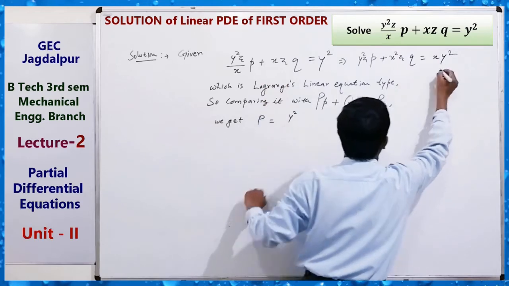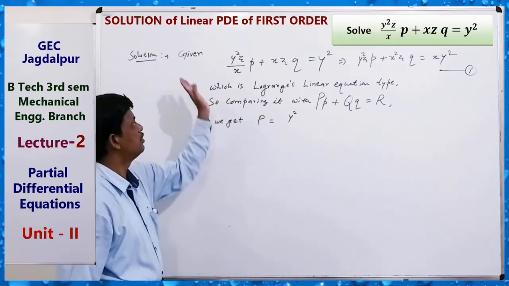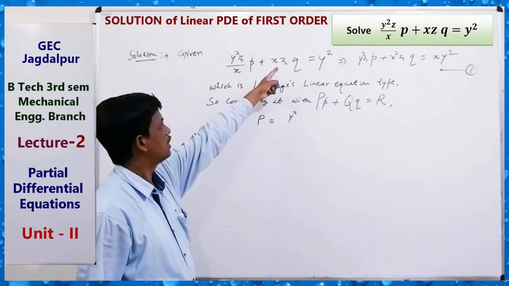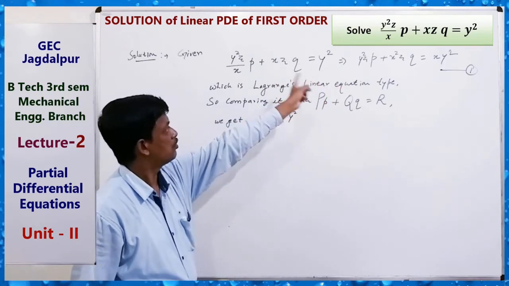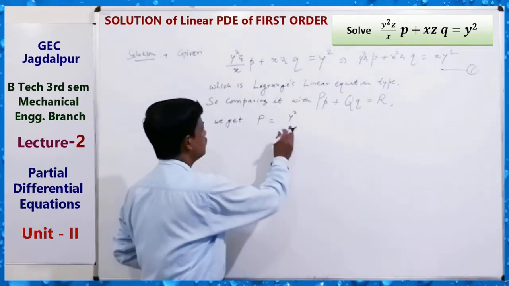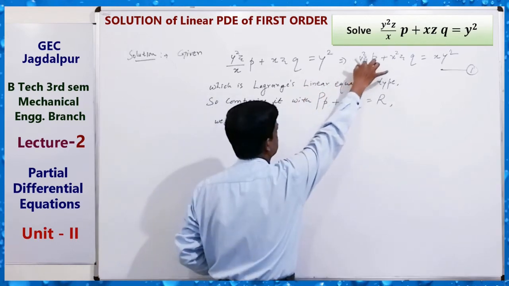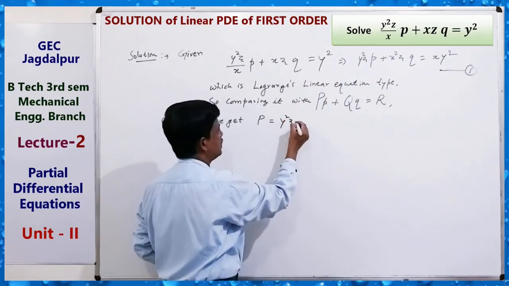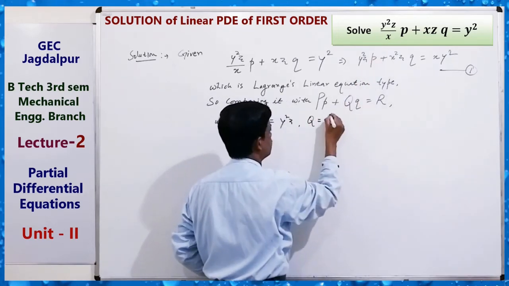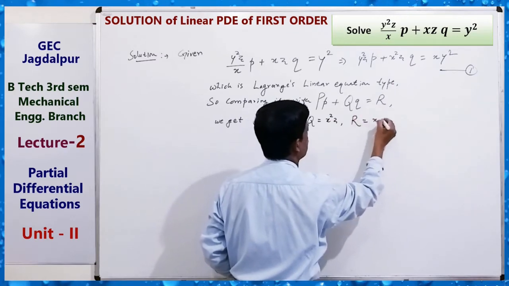We can also write it like this: given the equation, multiplying the denominator by x, so y square z p plus x square z q equals x y square. We use this equation. So P equals y square z, Q equals x square z, R equals x y square.